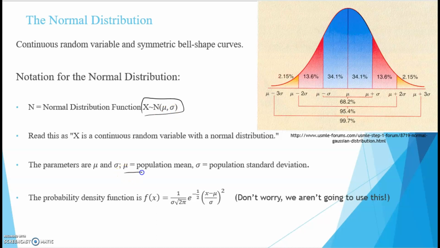Remember, mu is your population mean, and sigma is your population standard deviation. So how you would read this little symbol right here: x is a continuous random variable with a normal distribution. We're going to have three of these.